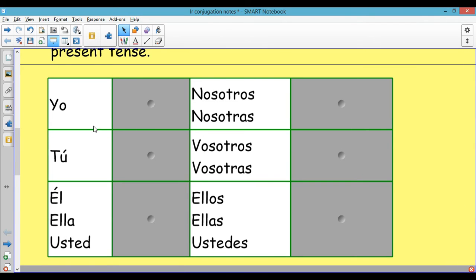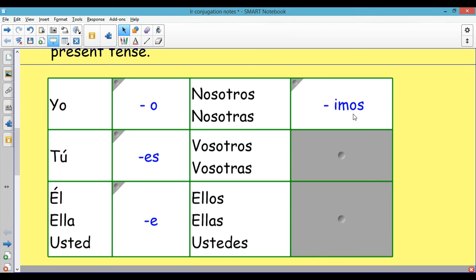For an IR verb, the yo ending is O. The tú ending is es. The él, ella, usted ending is e. The nosotros ending is imos. The vosotros ending is ís. And the ellos, ellas, ustedes ending is en.